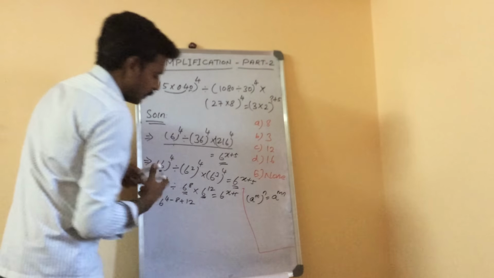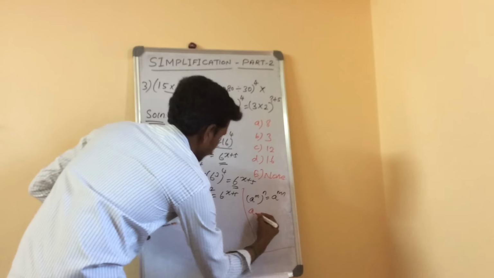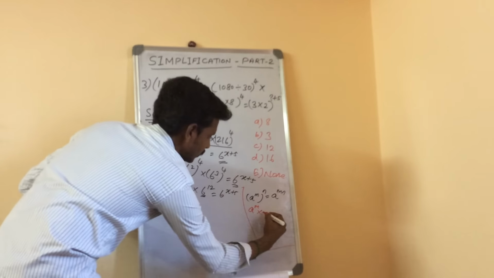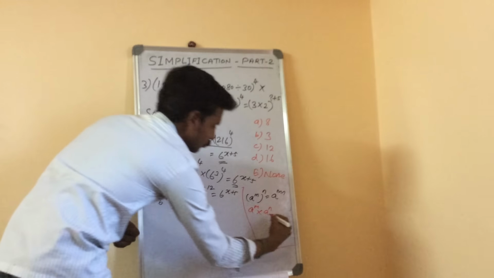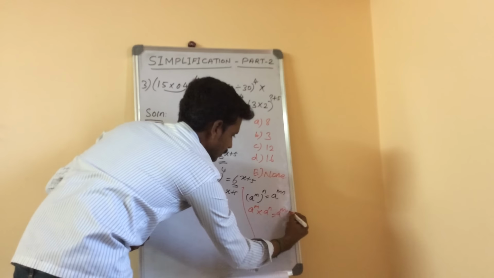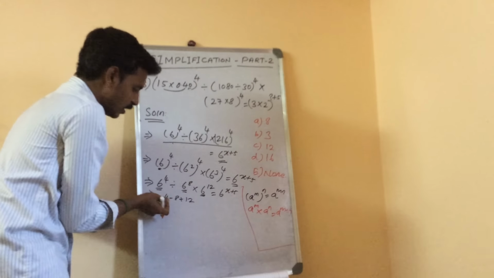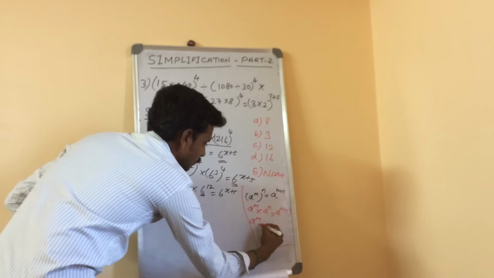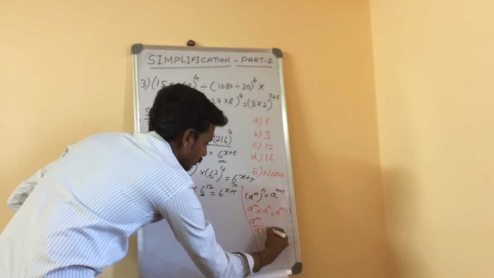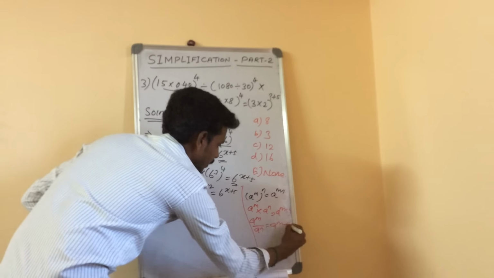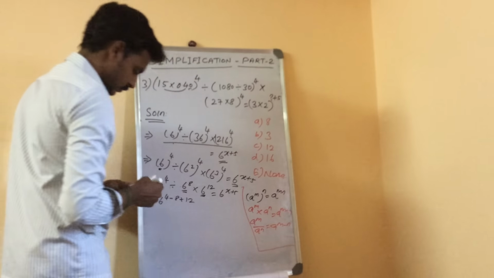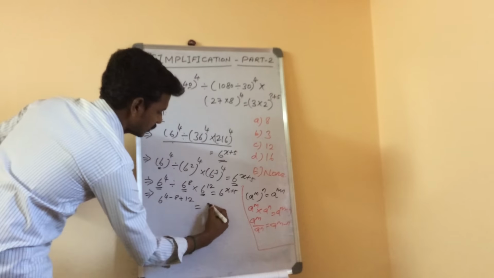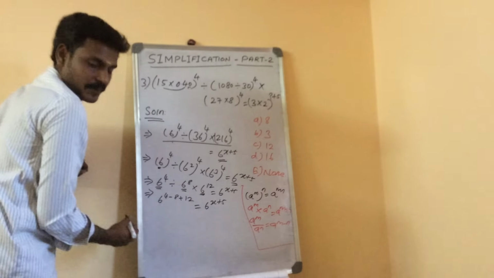Because the formula will be a power m into a power n, right? So a power m plus n. As per the formula, I conclude this value, okay? One more, a power m divided by a power n equals a power m minus n, okay? As per the formula, I conclude this value equals 6 power x plus 5, okay?